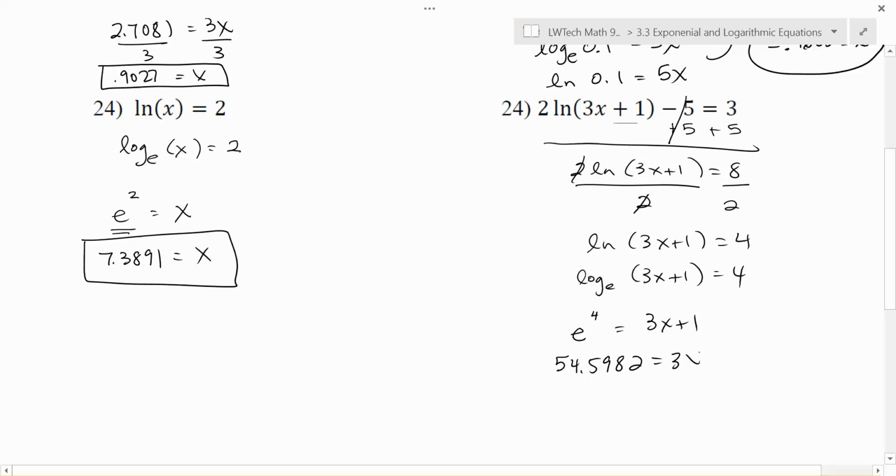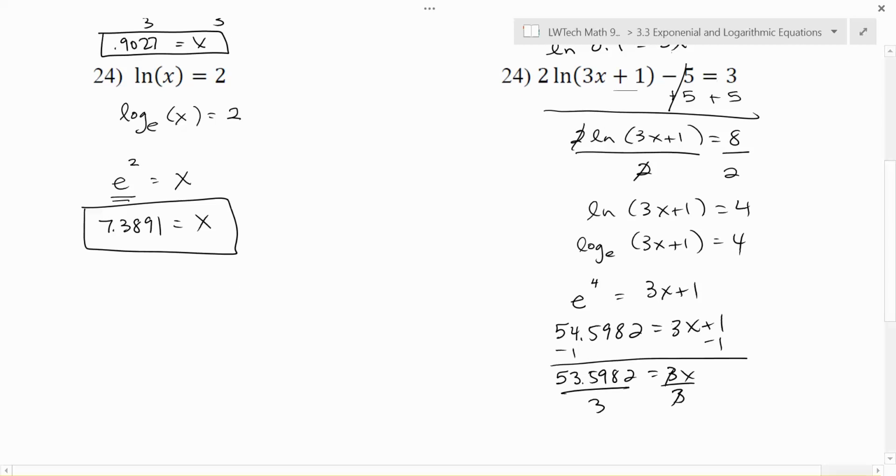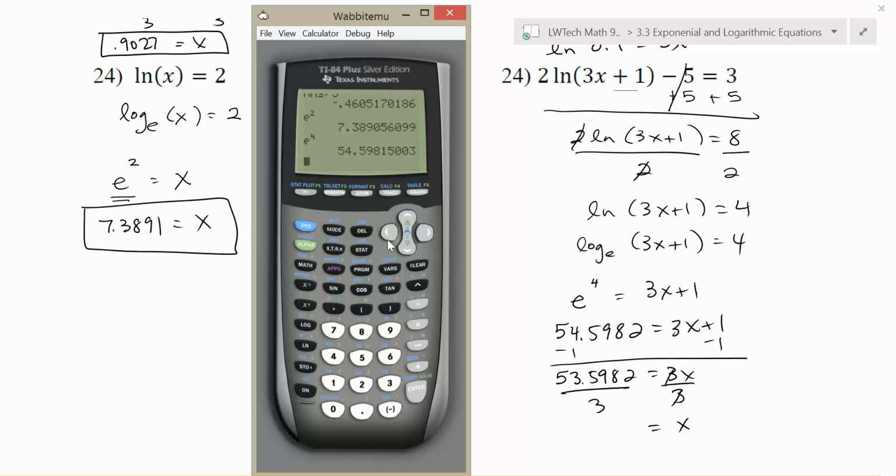And that's equal to 3x plus 1, and then I need to finish solving to get x by itself. Subtract 1 from each side, that's going to give me 53.5982 equals 3x. And I can finish by dividing by 3 on each side. And x is equal to 53.5982 divided by 3.